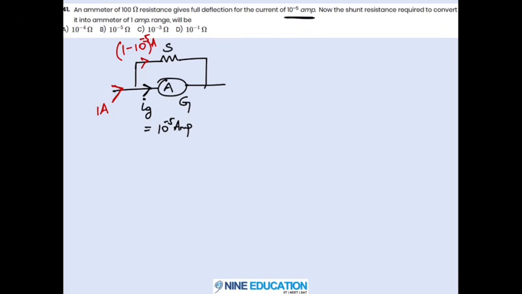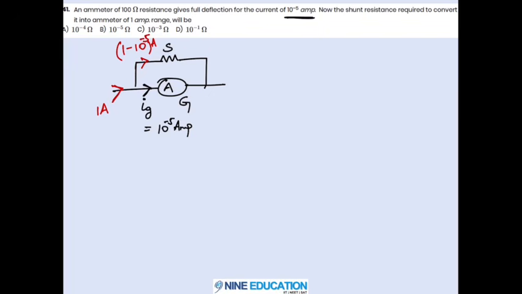Now apply Ohm's law. Basically voltage across these 2 points is same through this path or this path, because these 2 points are fixed. So voltage across this path or this path would be same.